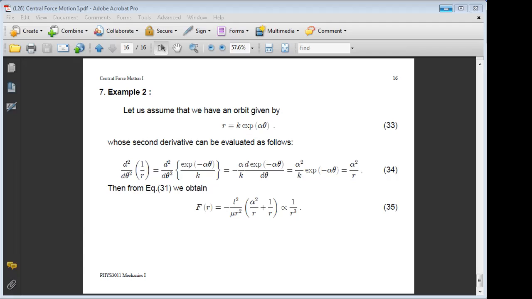When M1 and M2 pass each other, the shortest distance is equal to b, and r dot, the relative velocity, is equal to 0. Hence, this term, L squared over 2 mu b squared, is equal to 1/2 mu v naught squared, all right? Then the angular momentum of the system is equal to mu b v naught.